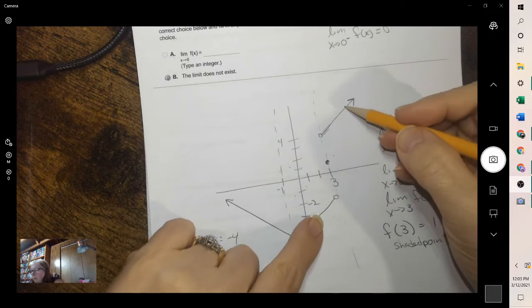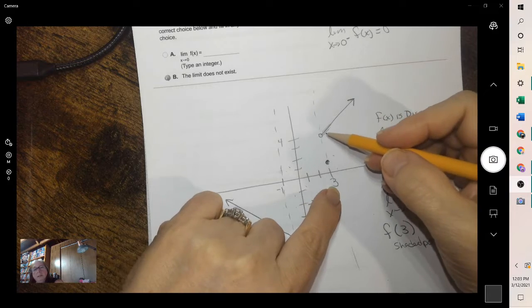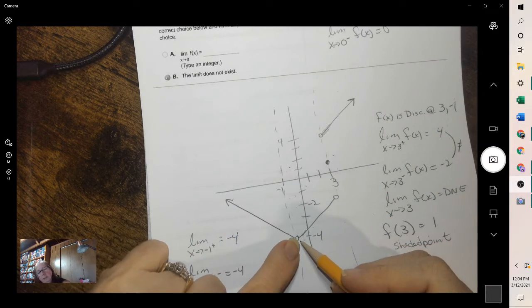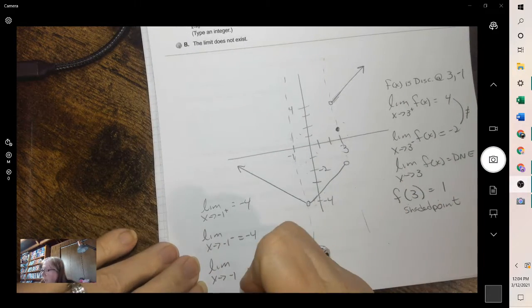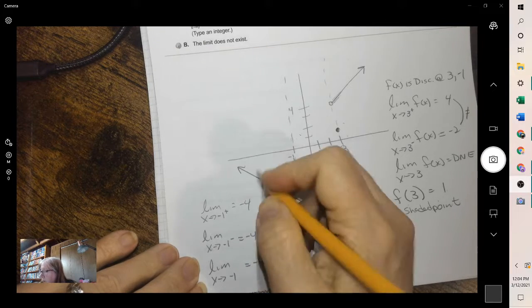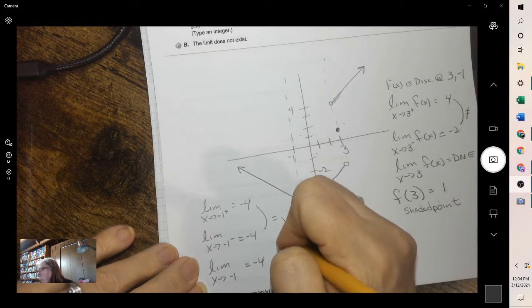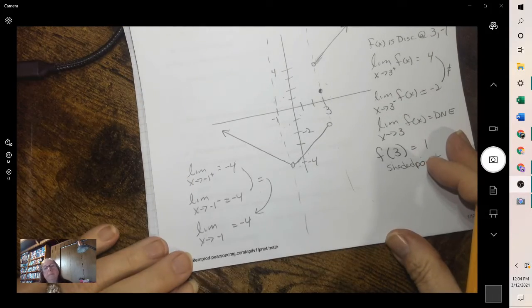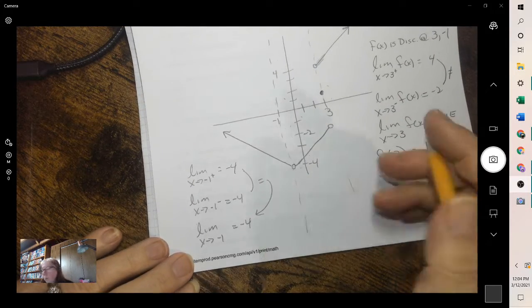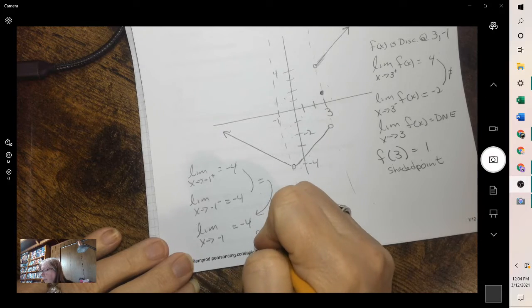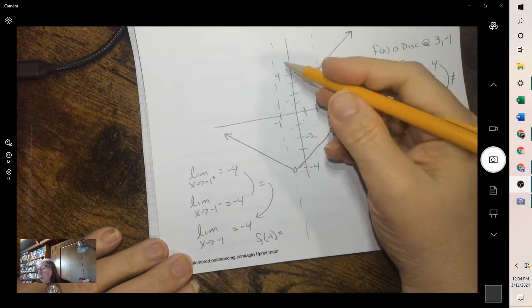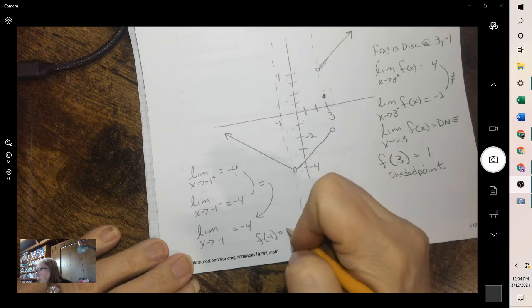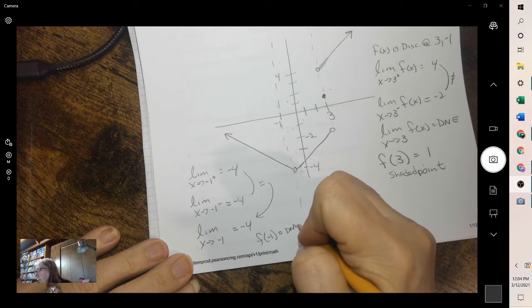This one, notice they came in at different spots. These are coming in together. All 4 are going to be the same answer. So if these two are equal, this one also is equal. Now if we look at the point, f of -1, there's no shaded in point, so this does not exist.